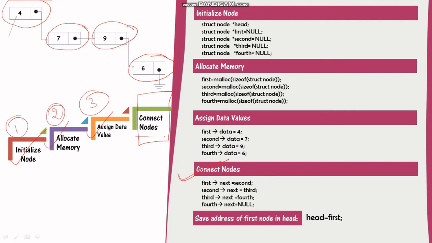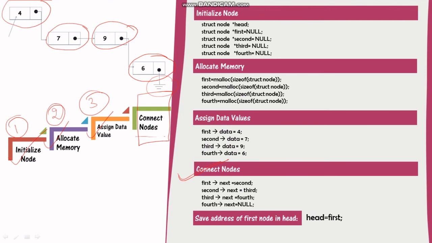Here you can see that the next part of the first node is connecting to the second node. The next part of the second node is connecting to the third node. The next of the third node is connecting to the fourth node, and the next part of the last node, that is the fourth node, is connecting to the null.